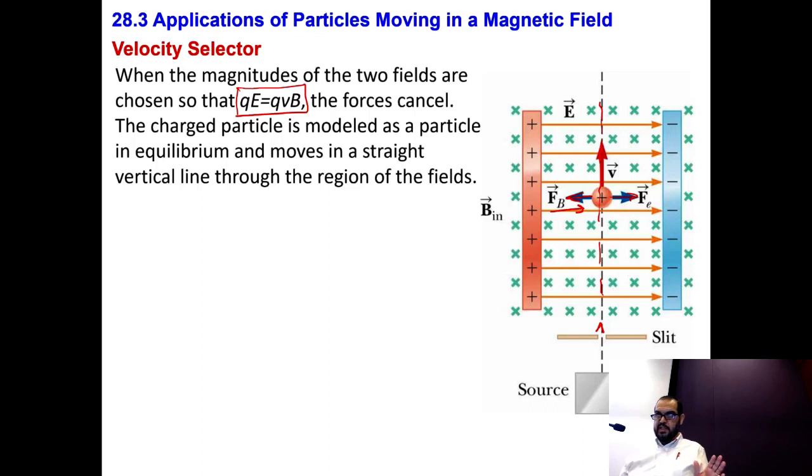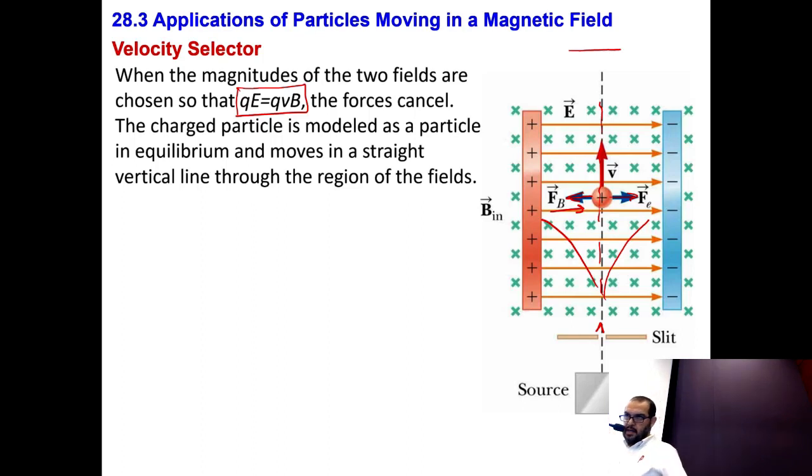If the velocity does not satisfy this condition, the particle will deflect one way or the other, and it will not reach the target. Let's assume you have a target here that you're bombarding with electrons or protons. With a velocity selector, the target will only be hit when the electron or proton has a certain velocity.